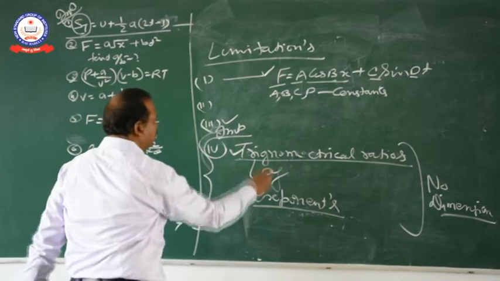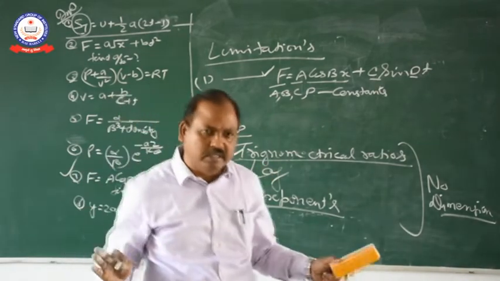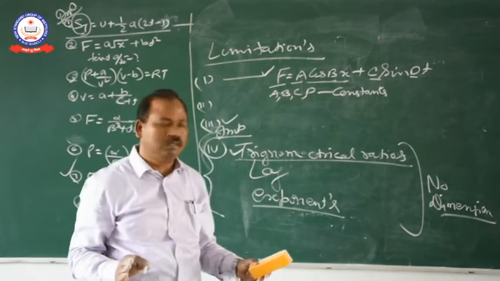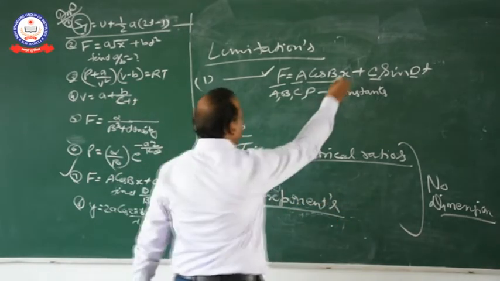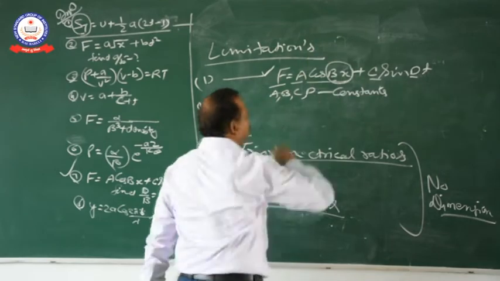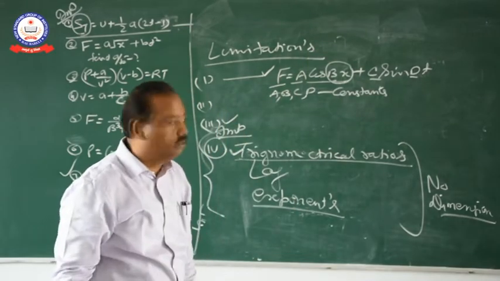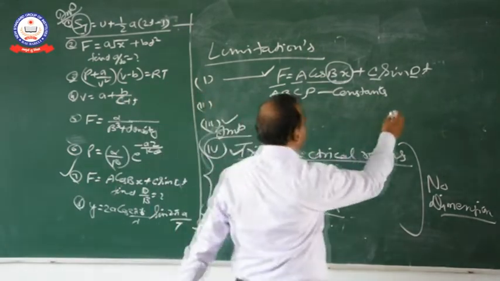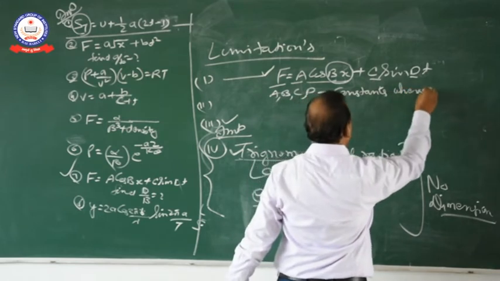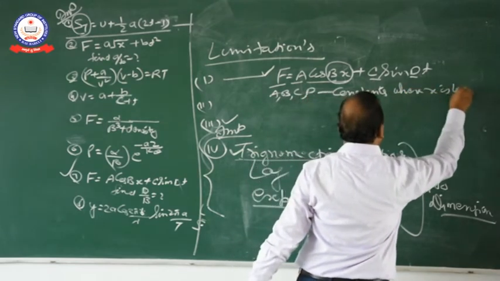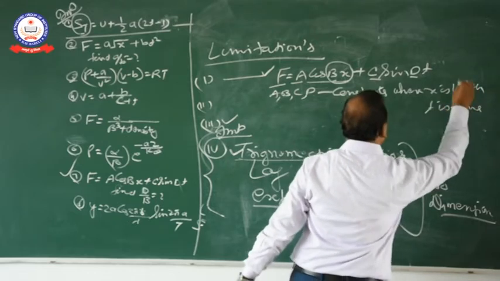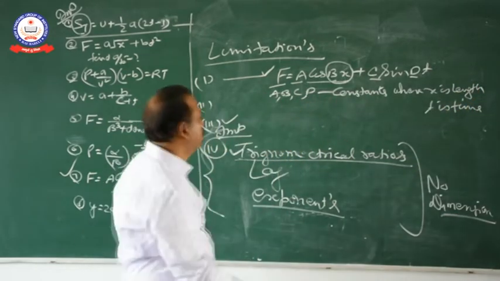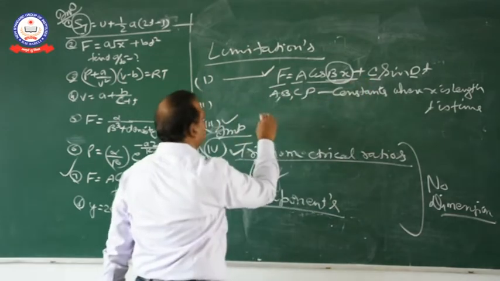Here, fourth limitation, trigonometrical ratios are dimensionless. So this angle is dimensionless, where x is length and t is time. So this is dimensionless.